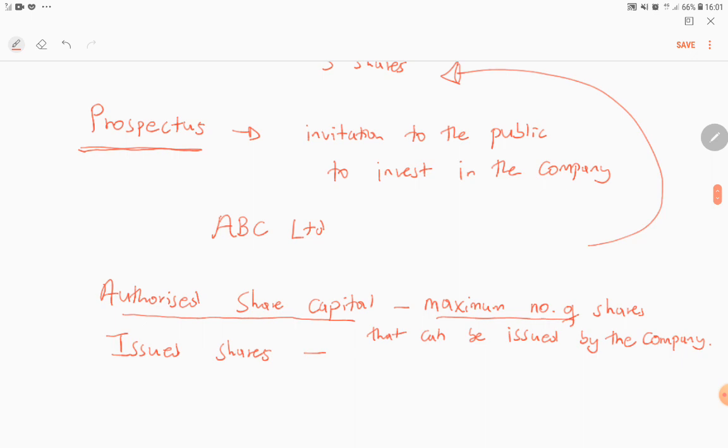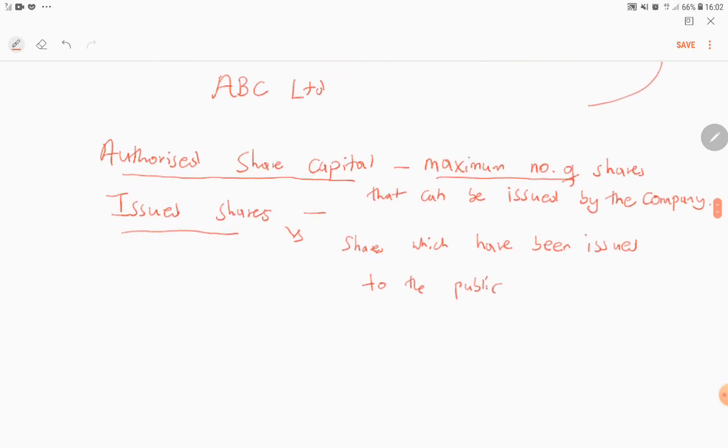Issued shares is simply shares which have been issued to the public by the company, right? Issued shares is just simple and straightforward.